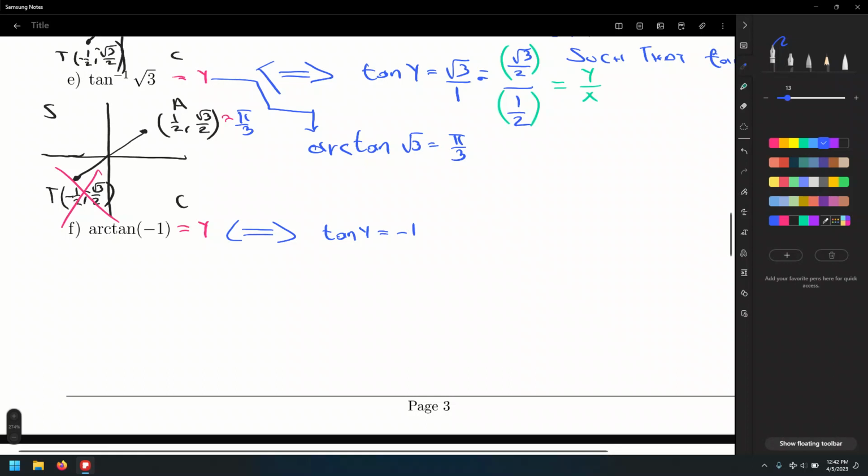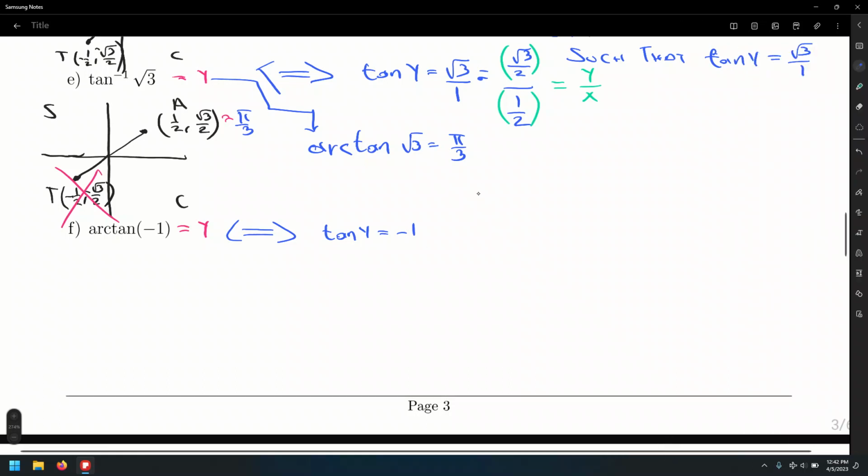But first of all, in words, we're looking for an angle y within the window -π/2 to π/2, such that its tangent equals -1.